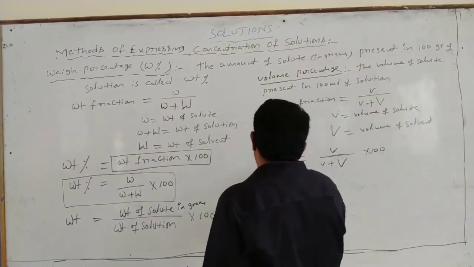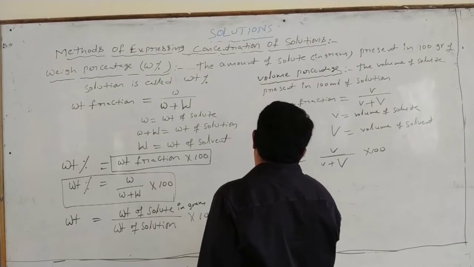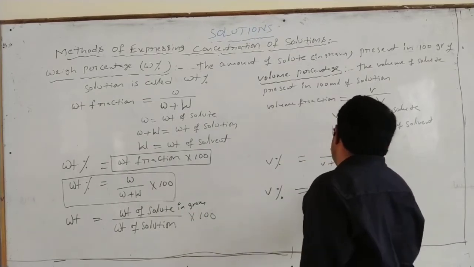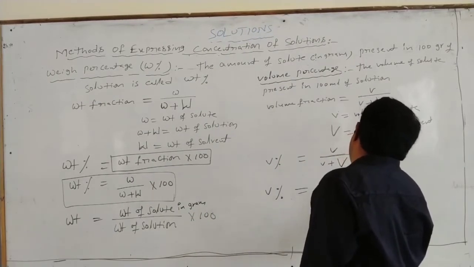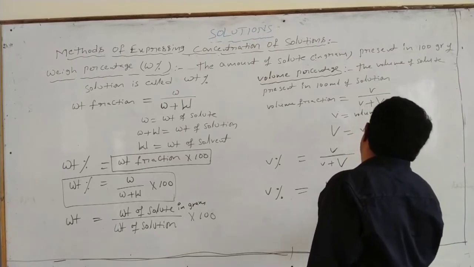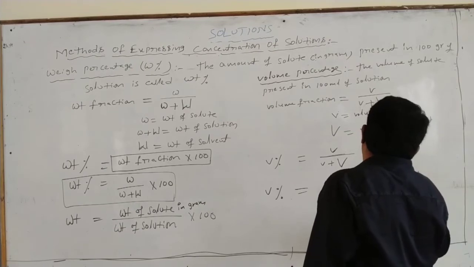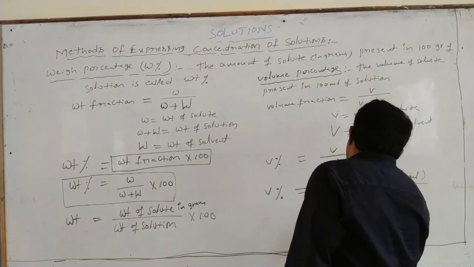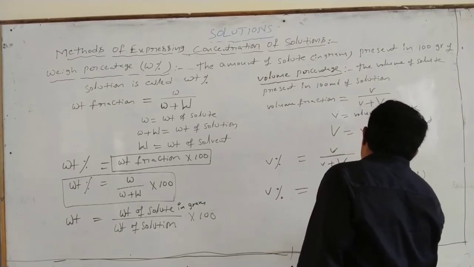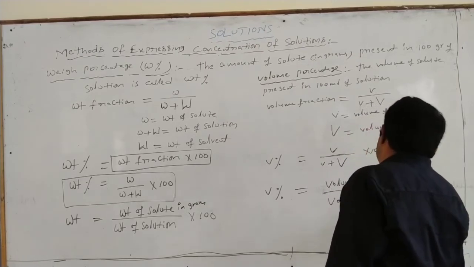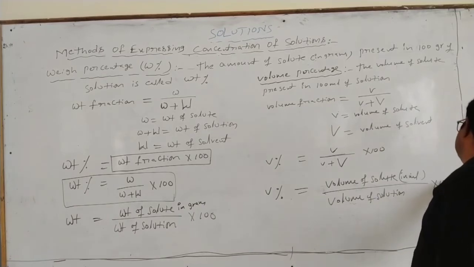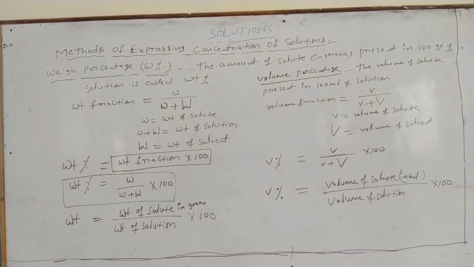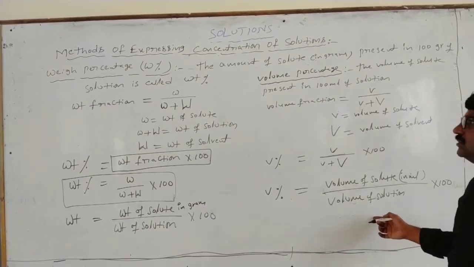According to the definition, volume percentage is equal to volume of solute in ml by volume of solution, into 100. Got it? This is volume percentage.